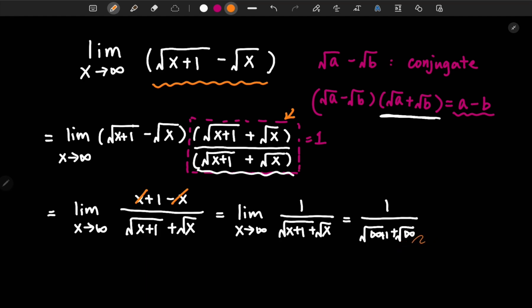So basically our denominator goes to infinity. Therefore, the limit of 1 over infinity is 0. And this is how you handle the question when you get an infinity minus infinity form.